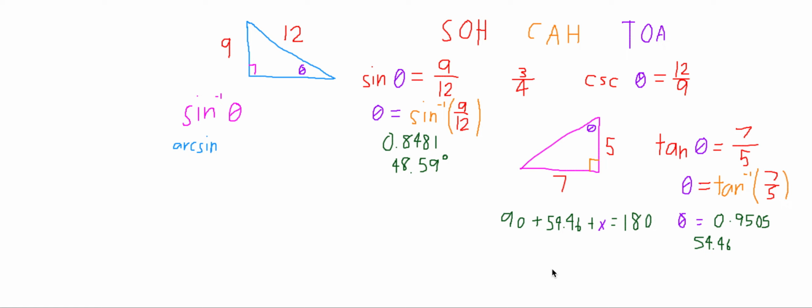Now we combine the like terms, so 90 plus 54.46 is 144.46, plus x is equivalent to 180.